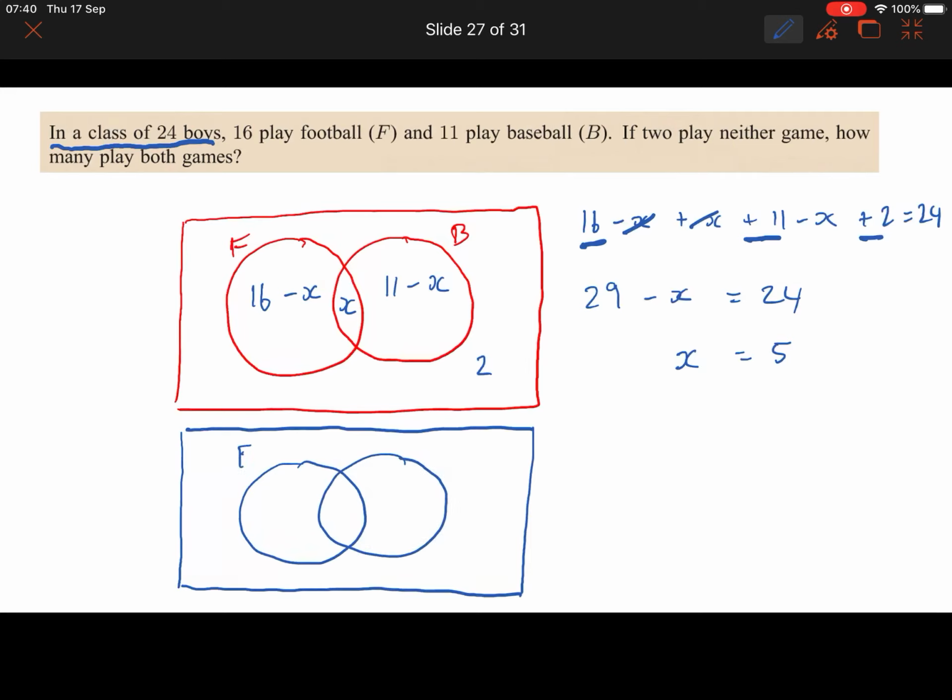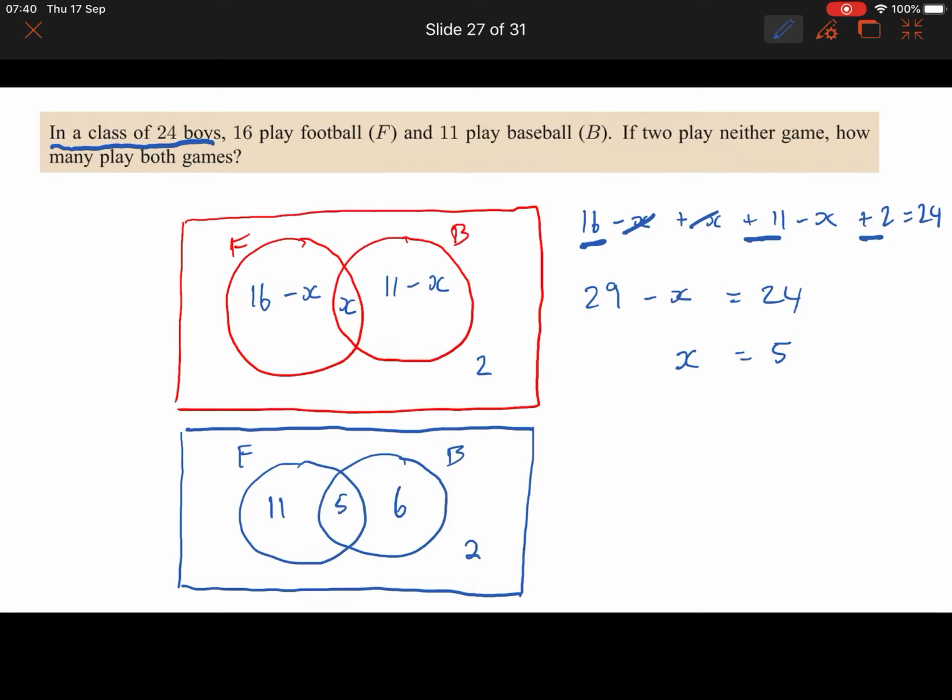Okay, so we've got F, B, so X is 5, which means this region here is going to be 11, and this region here is going to be 6, and this region here is going to be 2. You can just double check you're right, because those numbers should add up to 24, so 11 plus 5 is 16, plus 6 is 22, plus 2 is 24, so I know I'm correct, because the universal set is 24 elements.